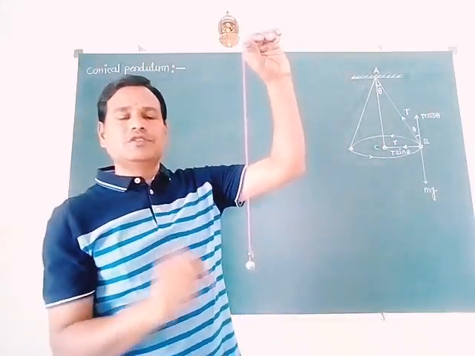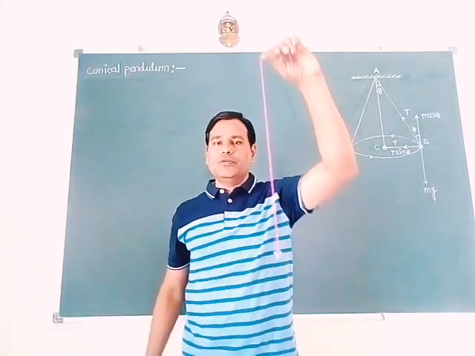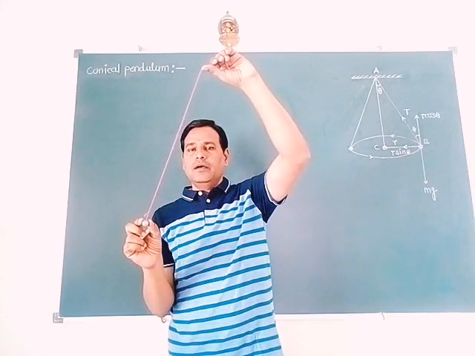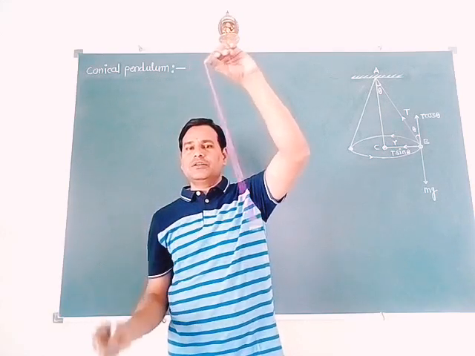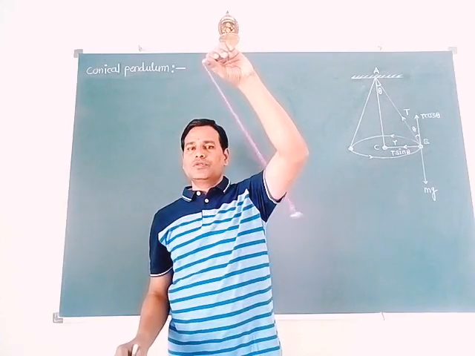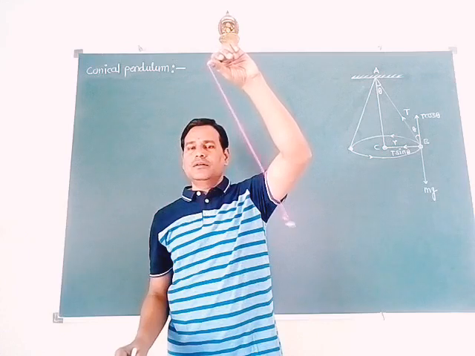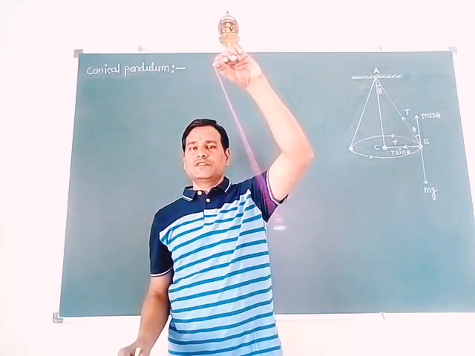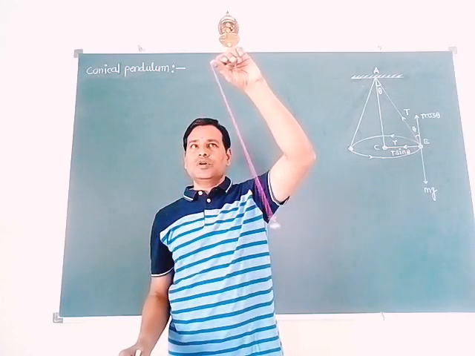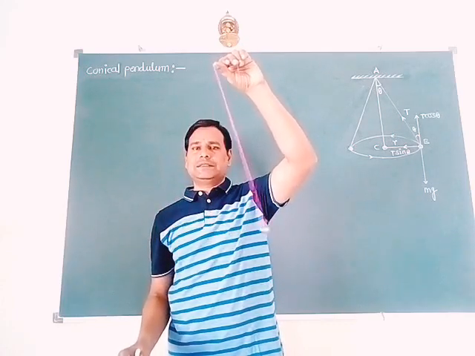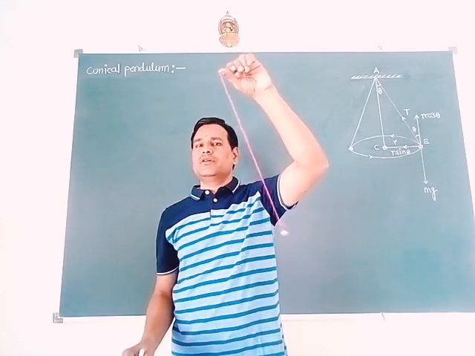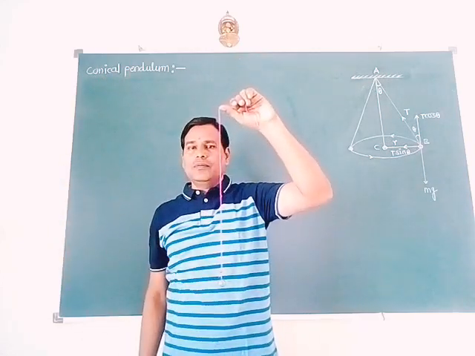Now we have to convert this simple pendulum into a conical pendulum. What do we have to do? Just displace this pendulum to one side and give a push in the horizontal direction. Now this becomes a conical pendulum. What are you observing? The string which connects the rigid support and the metal bob traces a cone shape in space, and due to this cone shape this pendulum is named the conical pendulum.